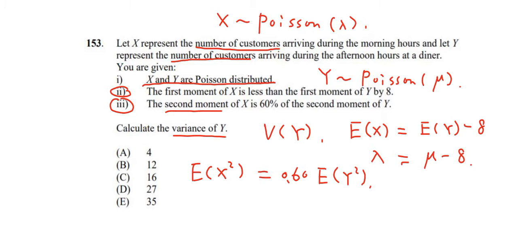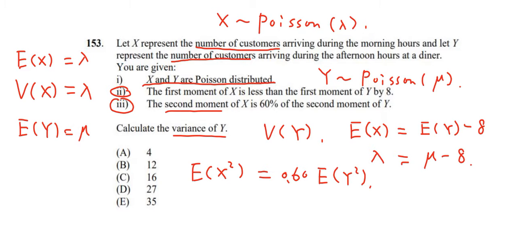For the Poisson distribution, we know the variance: we covered this, the mean of X equals lambda and Vx also equals lambda. So the mean of Y equals mu and Vy also equals mu. So what we want to find is mu, because Vy is just mu, right?